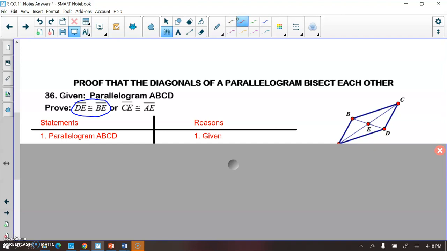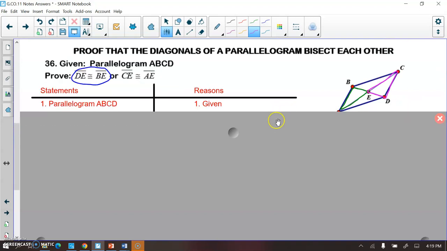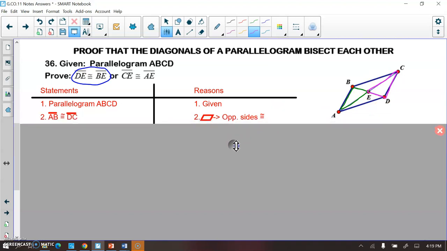The reason why this one's more challenging is because instead of us focusing on these large triangles here, we are only going to focus on these two triangles here. Because BE is involved in that triangle I outlined in green, and DE is involved in that triangle that I outlined in pink. All right, so focusing on those two triangles, we're going to get started.